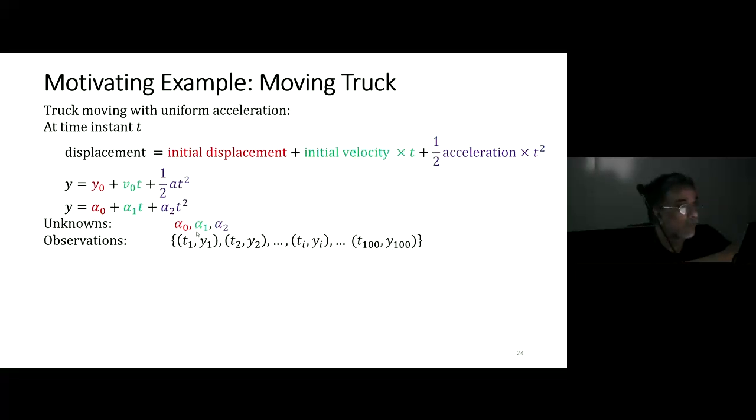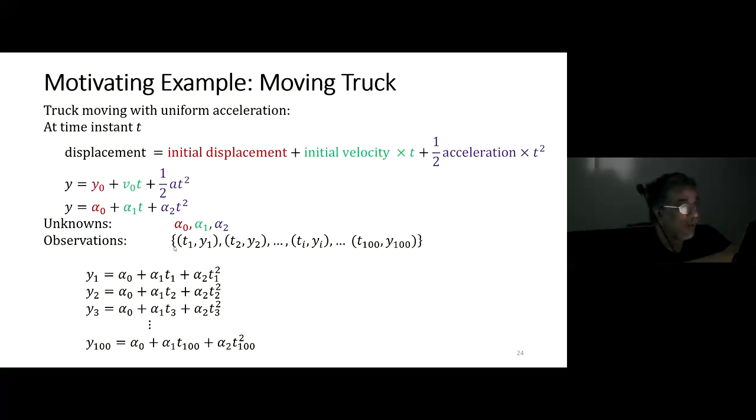So we would try to fit each of these 100 sample points. y1 is alpha naught plus alpha 1 t1 plus alpha 2 t1 squared, and likewise for y2 until y100, which equals alpha naught plus alpha 1 t100 plus alpha 2 t100 squared.